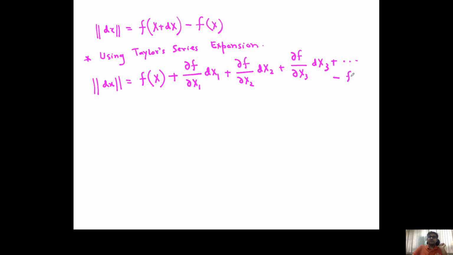Minus there is f of x. Now remember, we are working with the assumption that dx is very small.